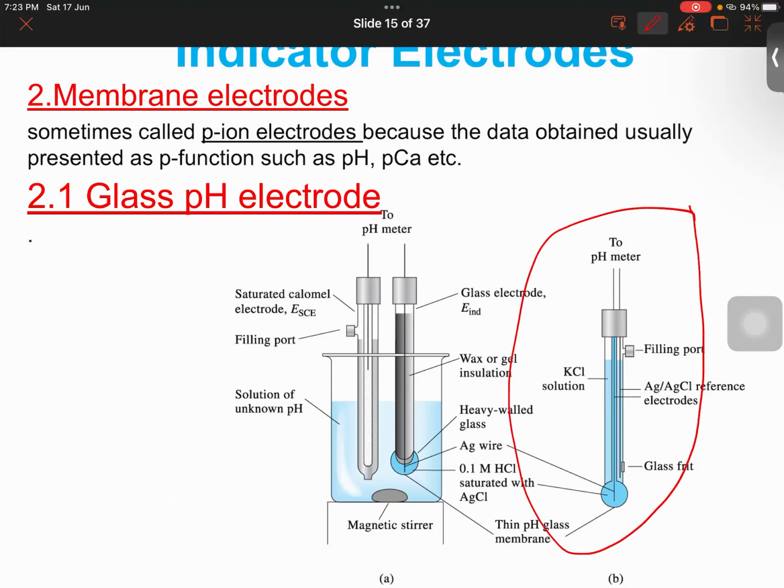Okay, so you can see that we have reference electrode, AgCl, and the glass membrane is itself an indicator electrode or working electrode. And you can see that we have KCl, okay, as the minimization of liquid junction. Okay.